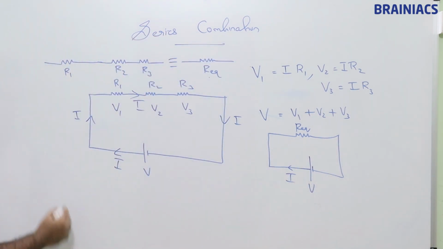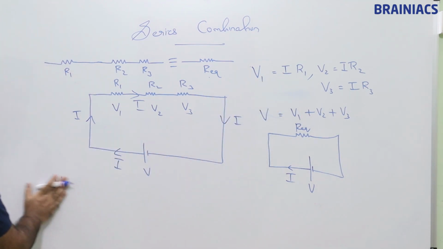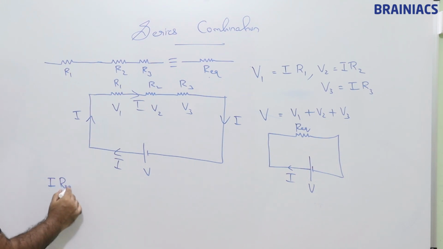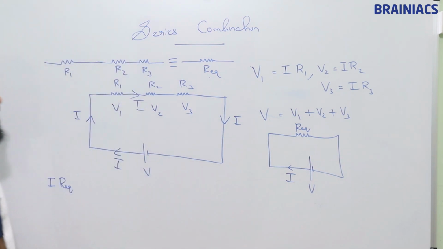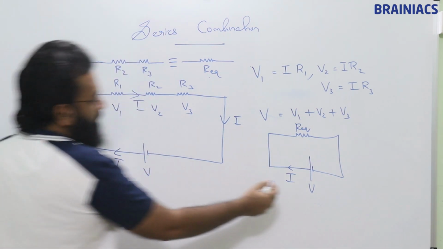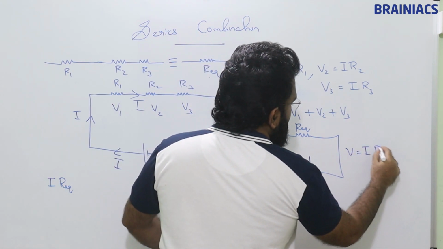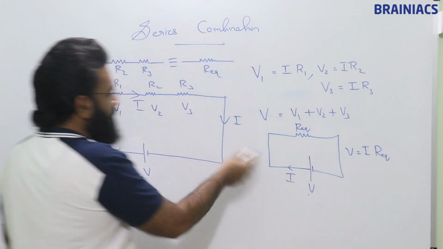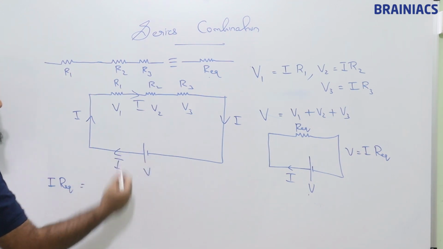So V is equal to V1 plus V2 plus V3. If we write the equation here, V is equal to I into R equivalent. So I into R equivalent is equal to V1 plus V2 plus V3.